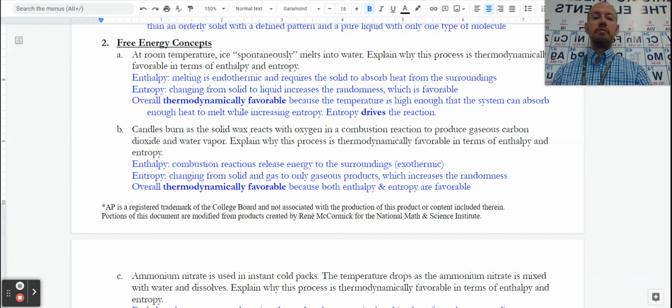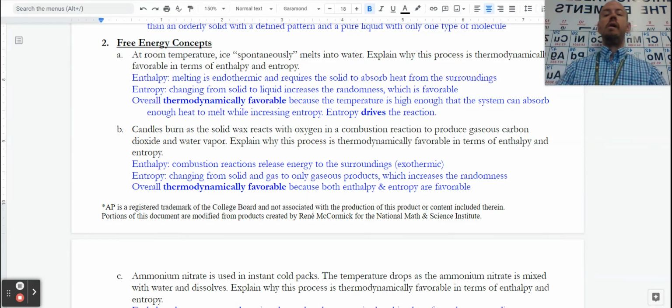A solid reacting with a gas, producing gaseous CO2 and water vapor, a gas. So in terms of enthalpy and entropy, from an enthalpy sense, all burning or all combustion reactions release energy and are exothermic, meaning we don't have to absorb anything from the surroundings. The energy flows from system to the surroundings.